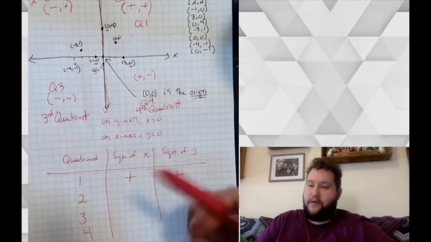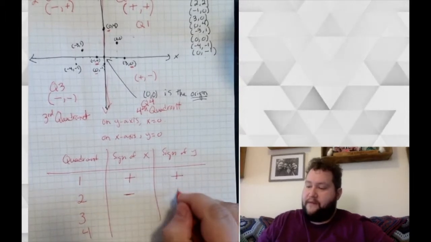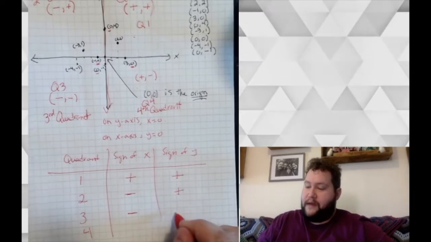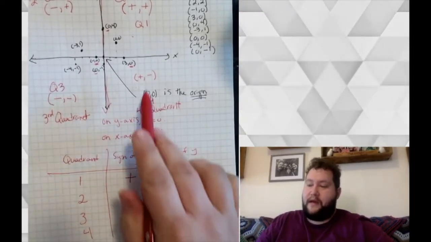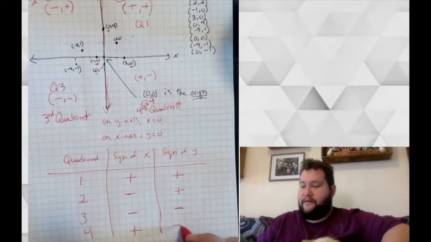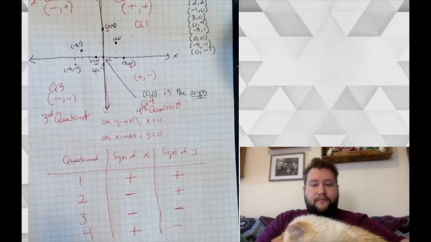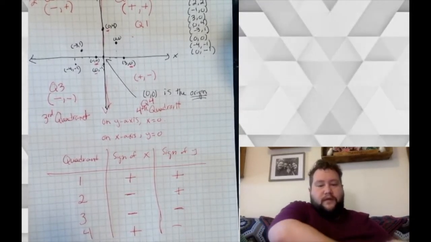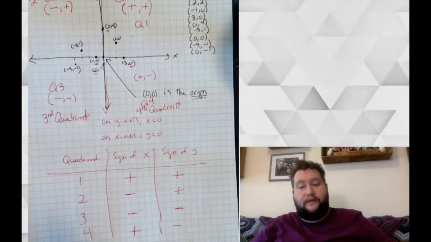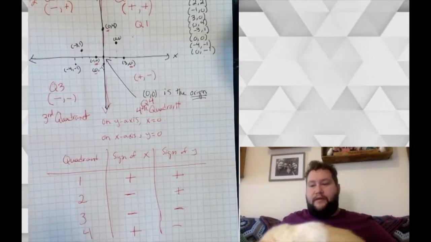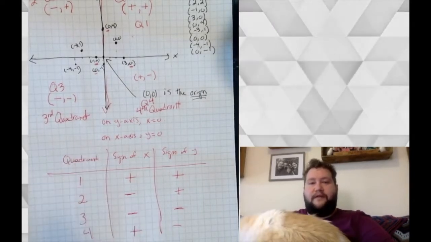In our second quadrant, x is negative and y is positive. Our third quadrant, they're both negative. And in our last quadrant, we have positive, negative. And so those are properties that are always true. When we're plotting them, we end up with our positive and negative values.